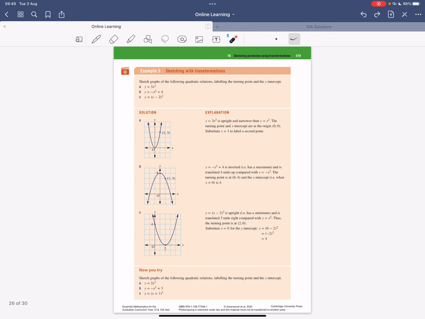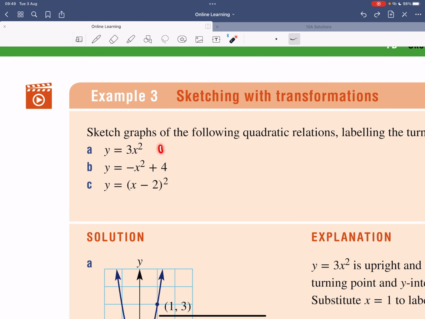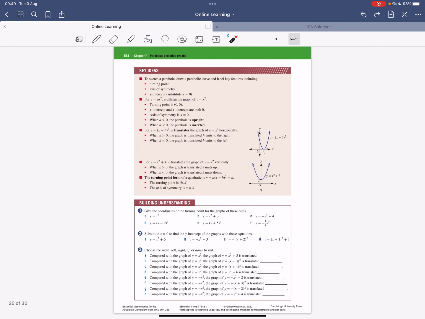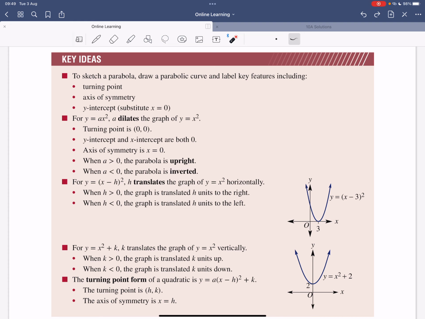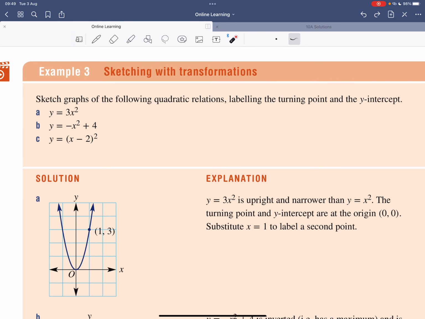So let's go ahead and look at example 1, which is y equals 3x squared. That takes the shape of the general y equals ax squared, where a can be any number, and in this specific example, it's 3. We're looking now at the key ideas for this section. Let's go to Desmos real quick and graph the example of y equals 3x squared.